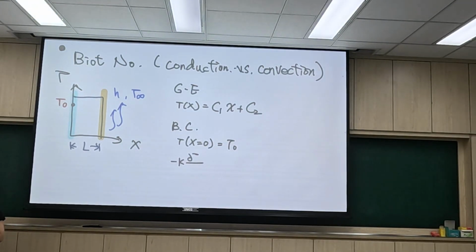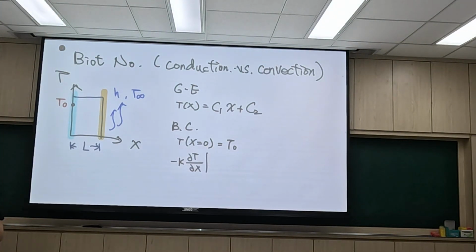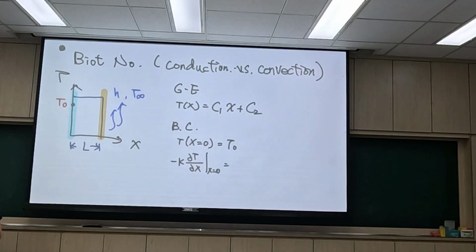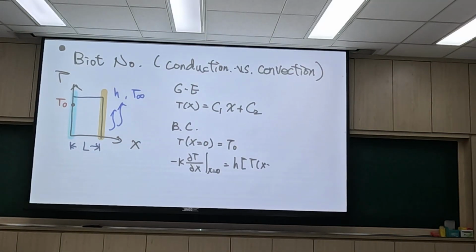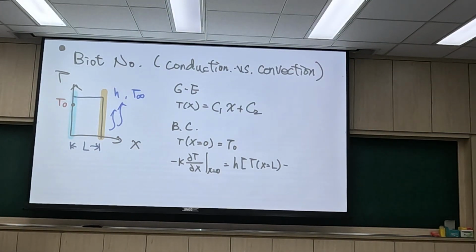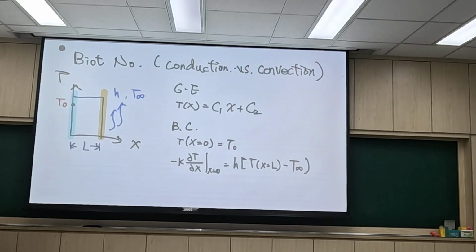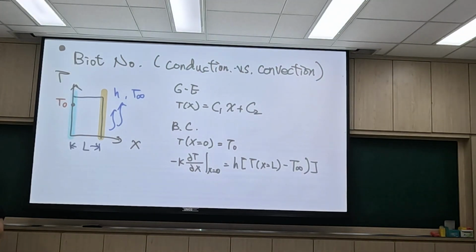So let's write it down like this: the conduction heat flux equals H times T at x equals L minus the temperature far away.